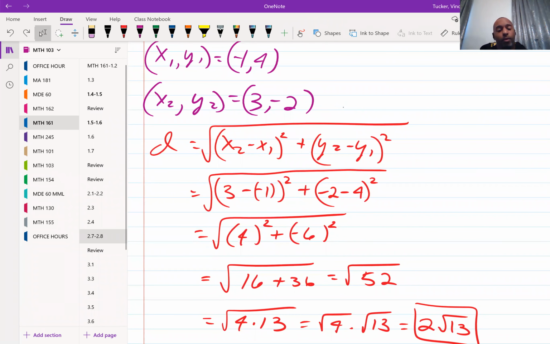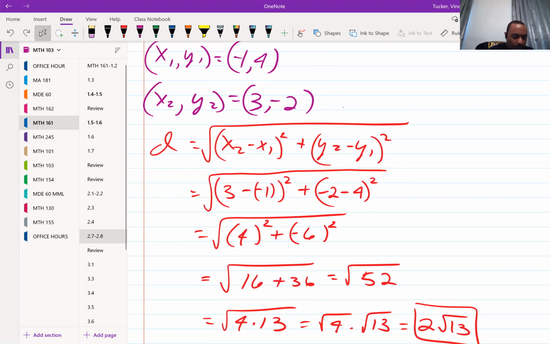And we talked about that before, looking at the factors of your number, seeing if any of them can be taken the square root of, or any one of them is a perfect square. So we have 4 times 13 in this case. Take the square root of 4, it's 2. Leave the 13 under the radical.